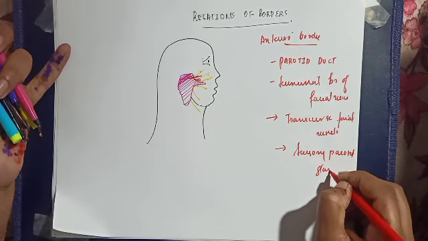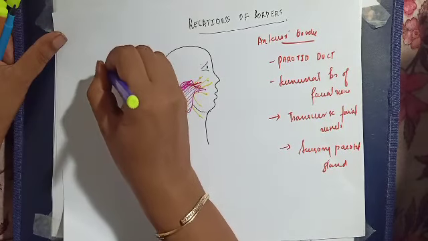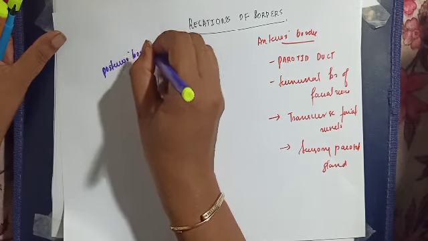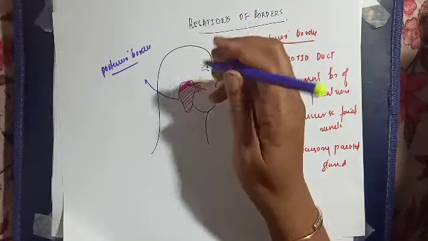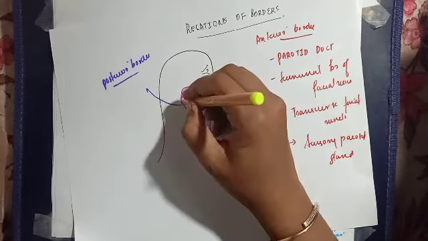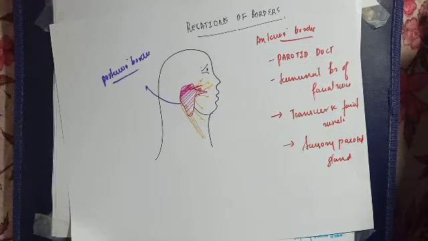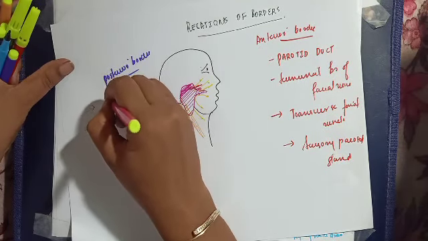Now you can see the posterior border here. The posterior border is separating the superficial surface from the posteromedial surface. Now it is overlapping which muscle? The sternocleidomastoid muscle. So the posterior border is related to the sternocleidomastoid.